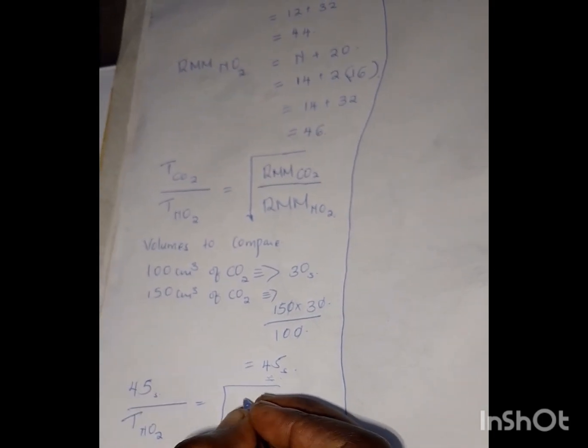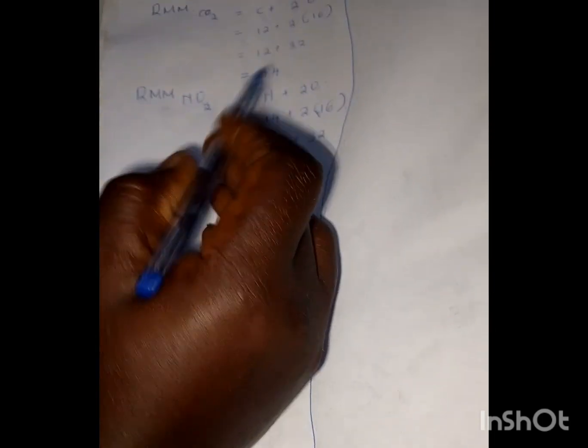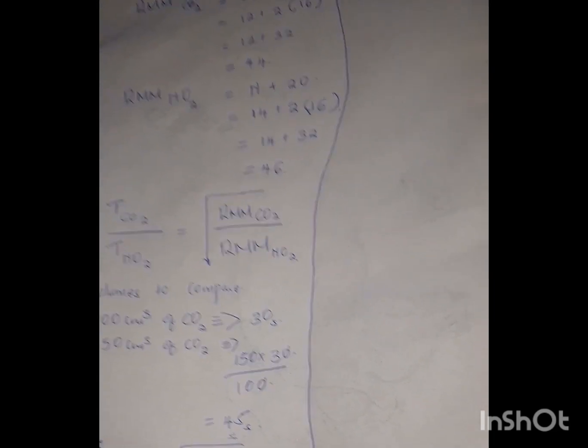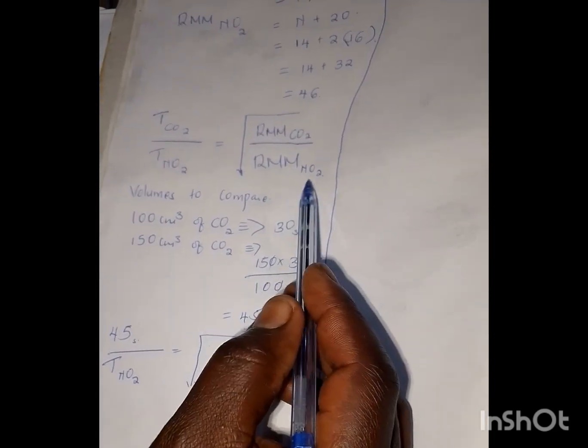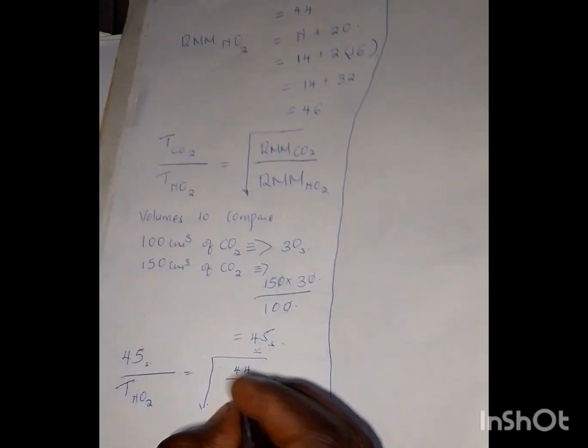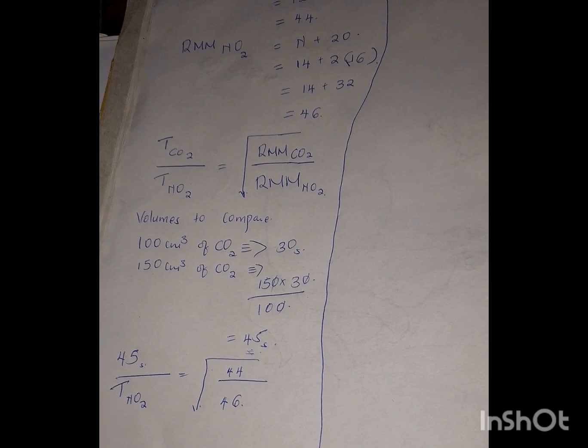Here we have our relative molecular mass of carbon dioxide we had calculated up here, which is 44, and the relative molecular mass of nitrogen dioxide we calculated, we got it as 46.